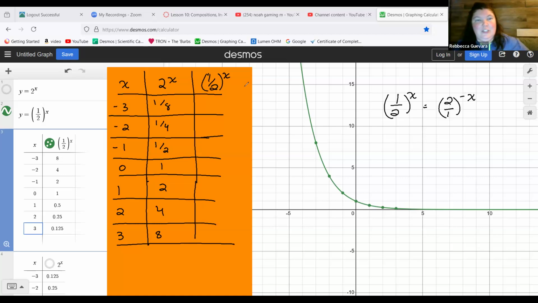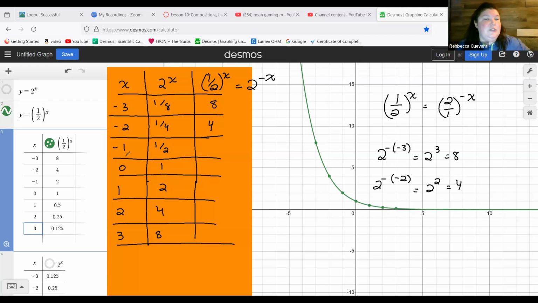So this can also be rewritten as 2 to the negative x. That's another way to think about it. If I put in -3, that just turns into 2 to the third, so we get 8. If I put in -2, that gets reflected to a positive, and we get 2 to the 2, which is 4.